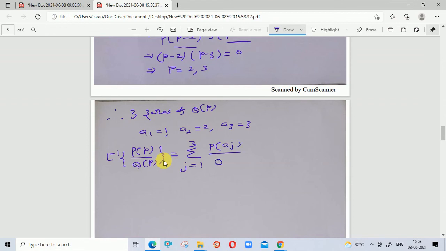So that is equal to, j is equal to 1, 2, 3.